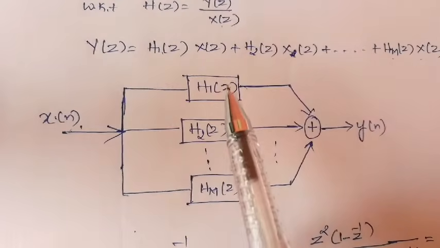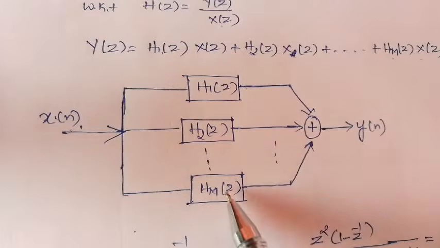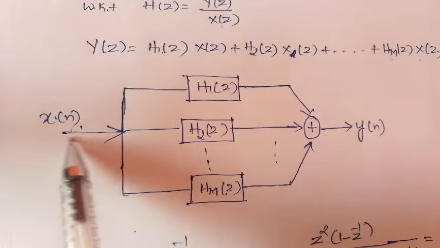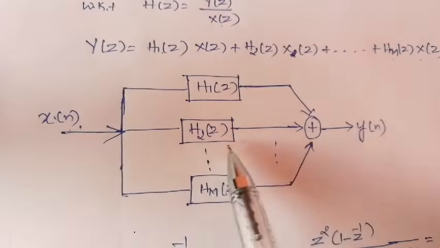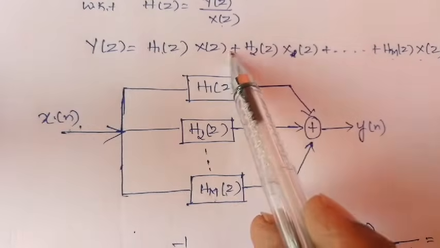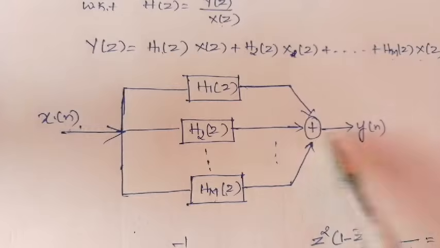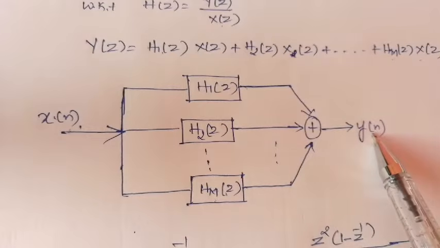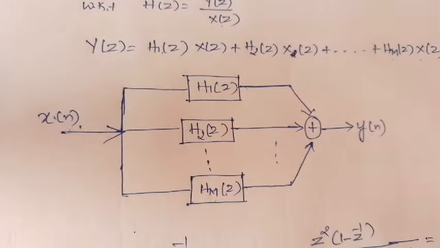That explanation we can see with the help of this diagram. x of n is transferred to H1 of z, H2 of z, up to Hm of z. Then adding all the results gives y of n. That is parallel realization of the IIR filter.